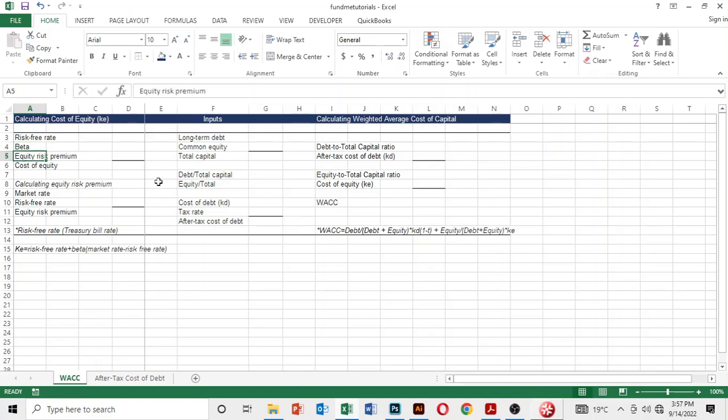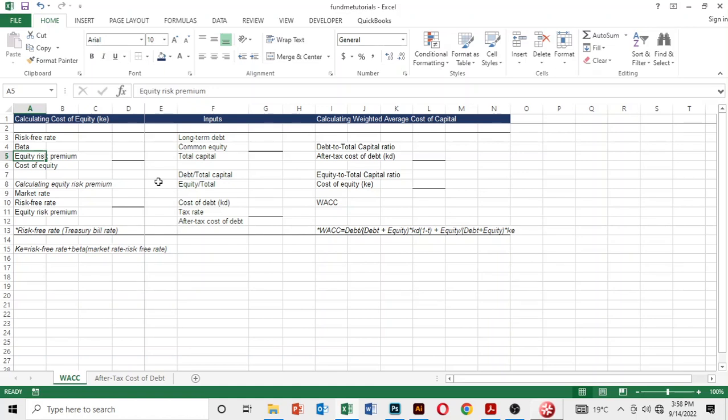So let's look at the equity risk premium. Equity investors don't want to invest in investments that offer a very low return. So the risk premium is the rate of return that they demand, which is above the risk-free rate.